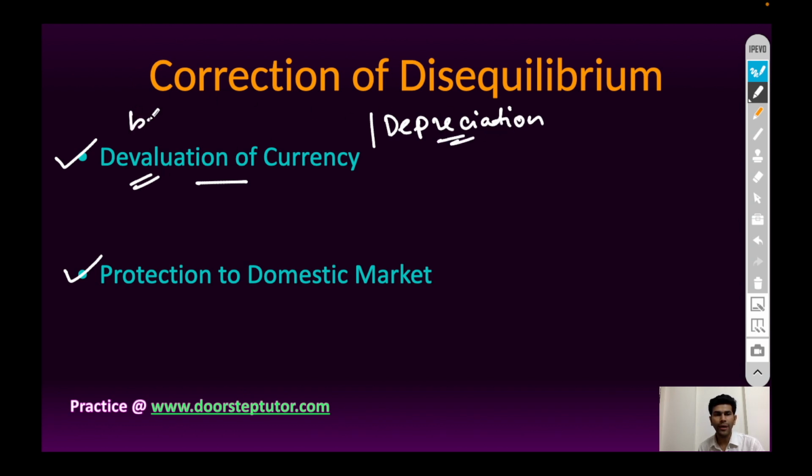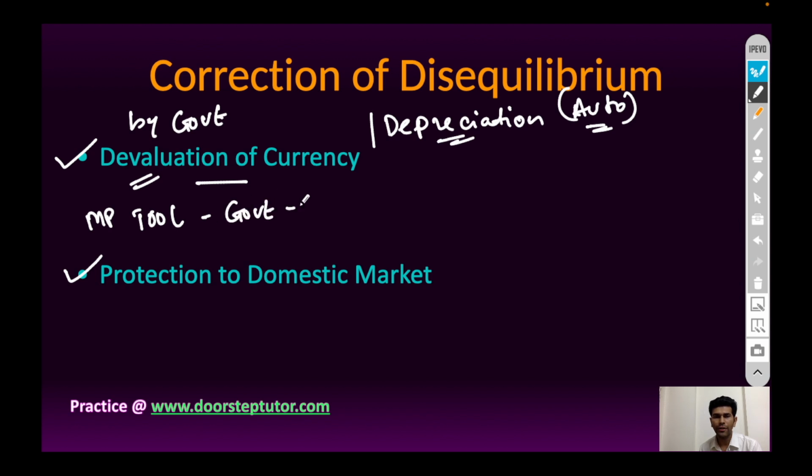Devaluation is done by the government and depreciation is automatic. Currency depreciates automatically due to many factors, but devaluation of currency is done by the government intentionally. It is a monetary policy tool used by the government in line with the central bank, that is RBI.